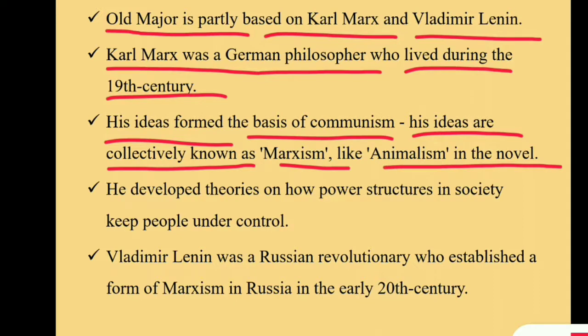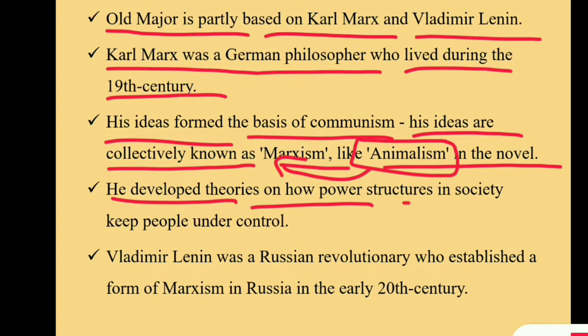So the Animalism which is started in the story reflects the ideas of Marxism. He developed theories on how power structures in society keep people under control. If we read the theory of Karl Marx, we will understand the distribution of power. So this is seen in this novel as well.